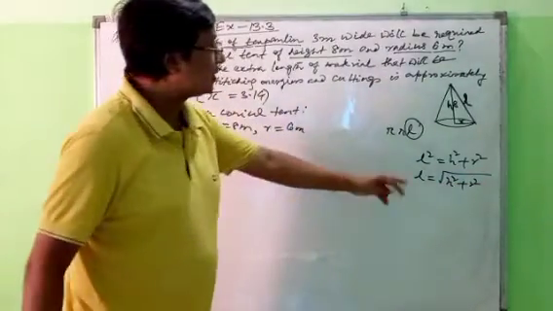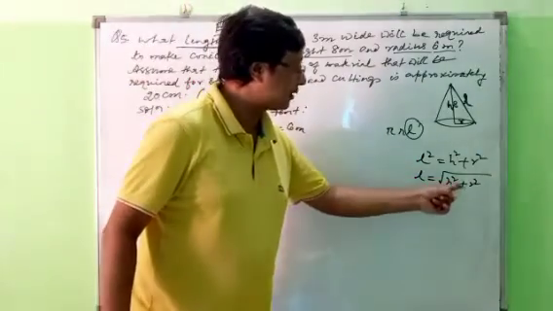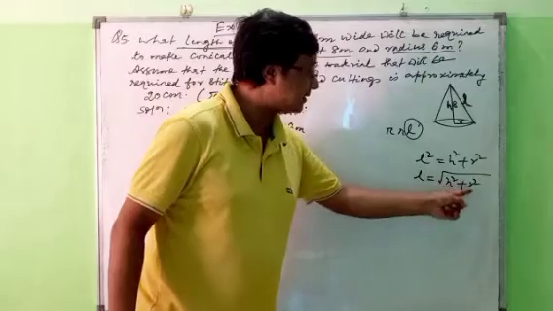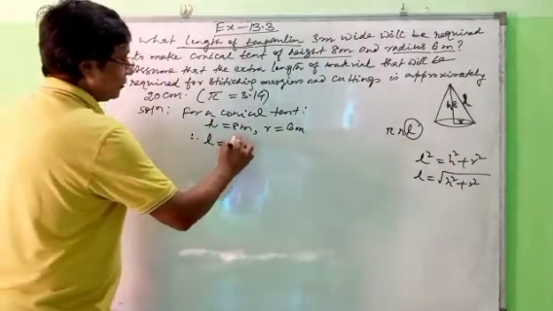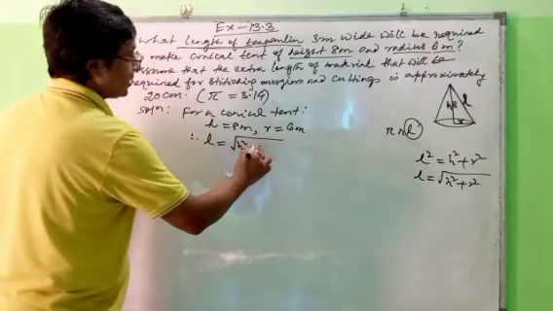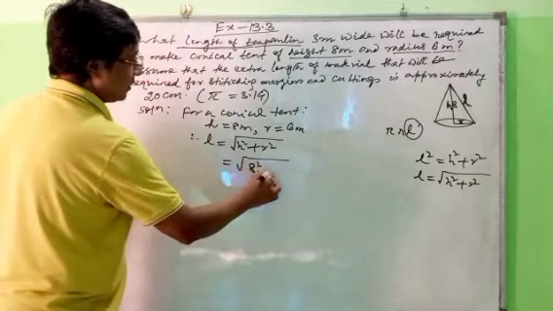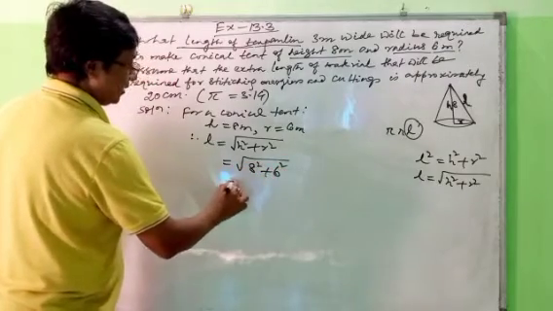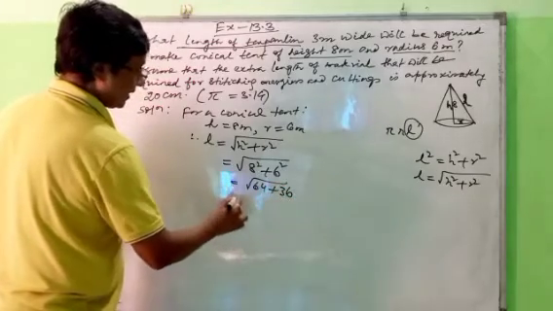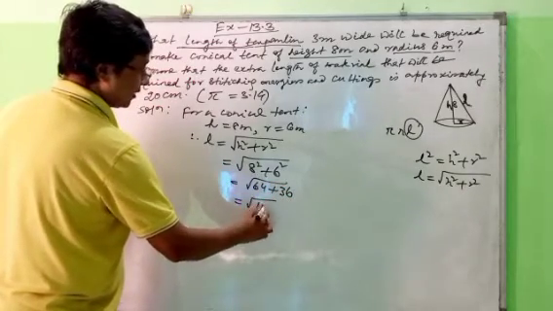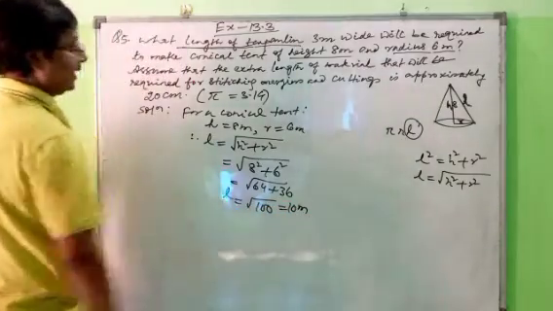You will use this formula to get the slant height, where h is the height and r is the radius. Therefore L equals root over h square plus r square, h is given 8, so it is 8 square plus 6 square, equals 64 plus 36, equals root over 100. So you have got 10 meter. This is L, the slant height.